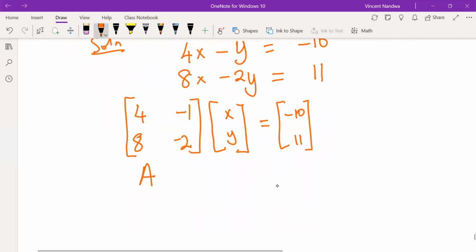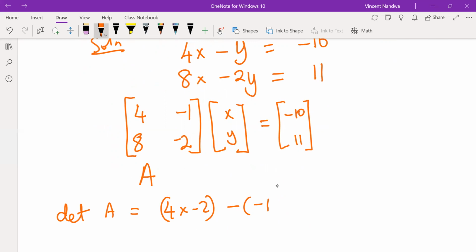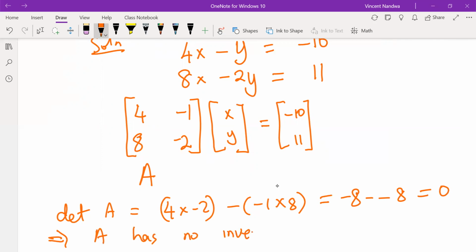So this is our A matrix. So determinant of A will be 4 times minus 2 minus 1 times 8, which will be minus 8 minus minus 8, which is 0. So which implies A has no inverse.